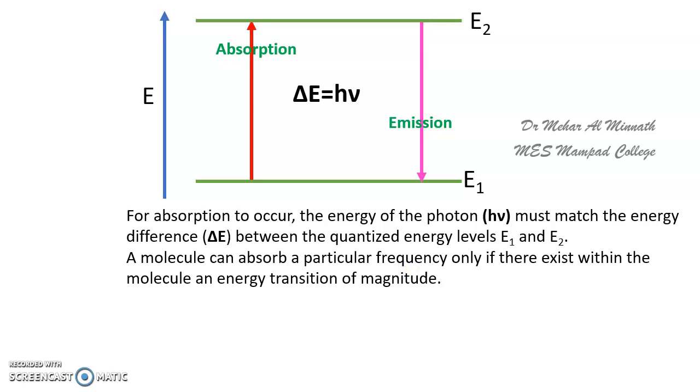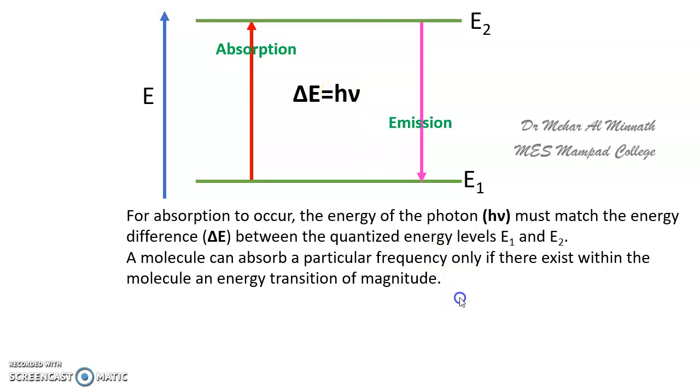We can also say that a molecule can absorb radiation of a particular frequency or wavelength only if there exists within the molecule an energy transition of the magnitude delta E equal to h nu. So this energy difference between the different energy levels must be h nu, quantized.